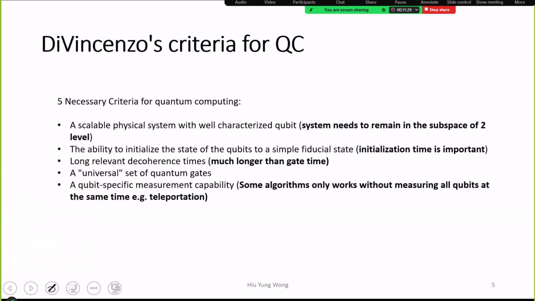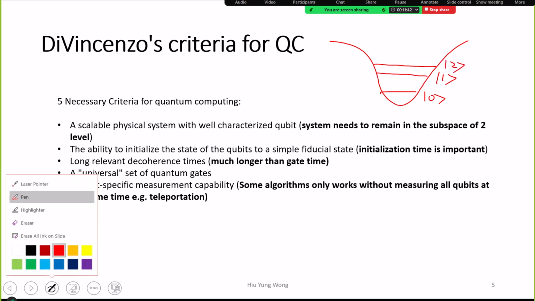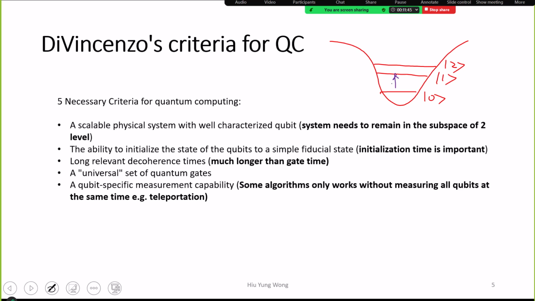So it is not as clean as a spin qubit, but we form levels like this. This is the ground level, this might be the first excited level, and this is the second excited level. The spacing between E10 and E21 are different.